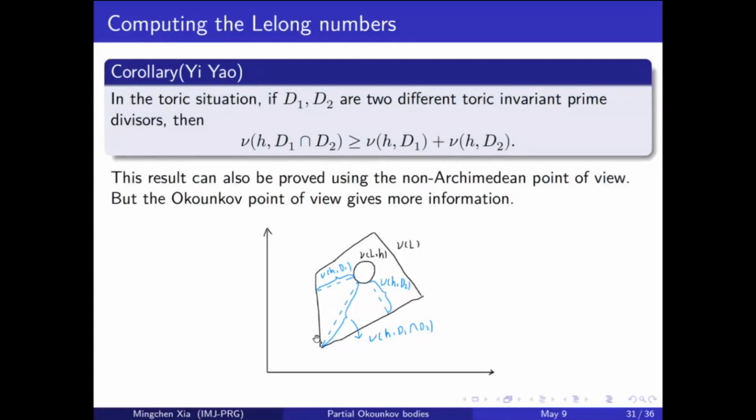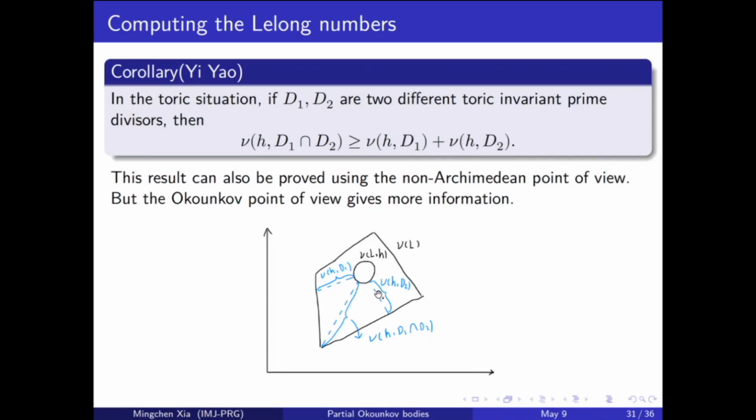You consider the following picture where the outer part, sorry, this should be theta instead of nu. The outer part is the Okounkov body of L, and the inner part is the partial Okounkov body of L and h. And the distance between this guy and the boundary, let's say the leftmost edge corresponds to the divisor D1, and the lower edge corresponds to the divisor D2.